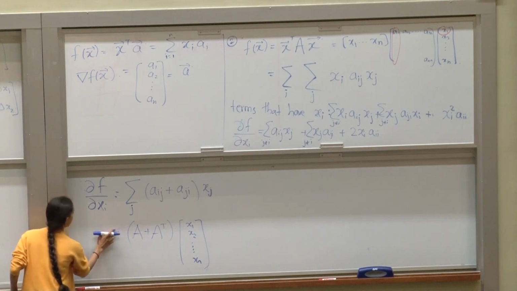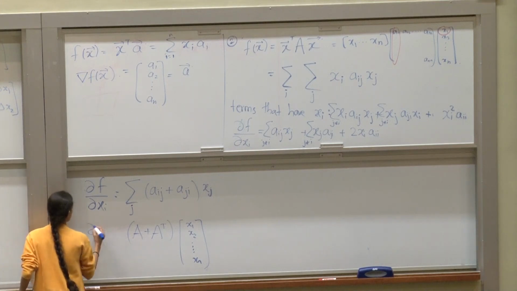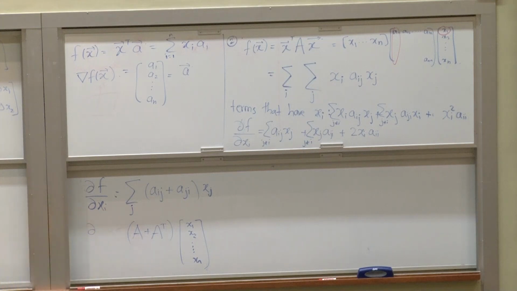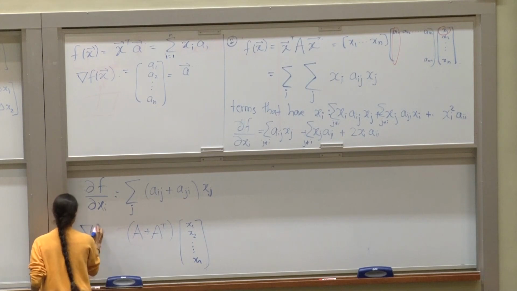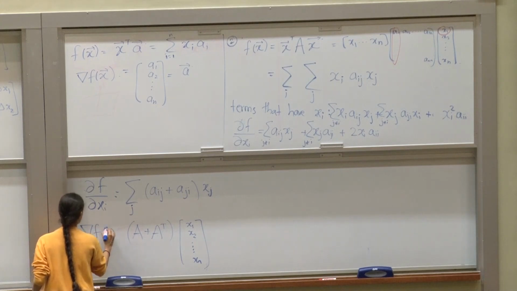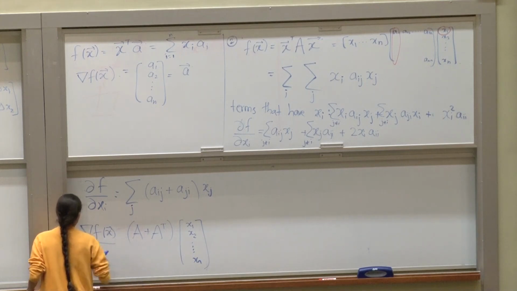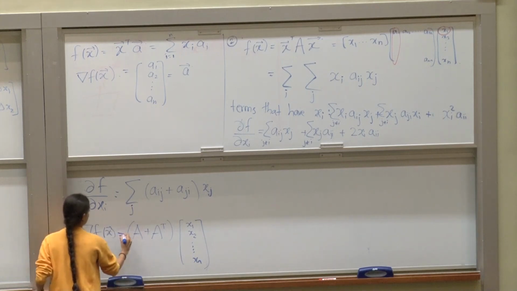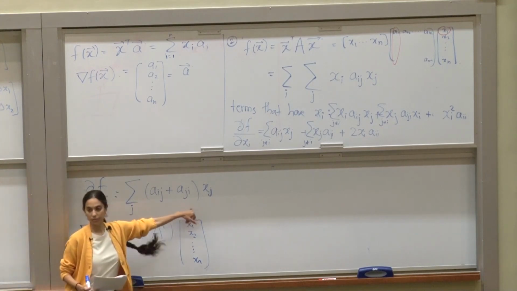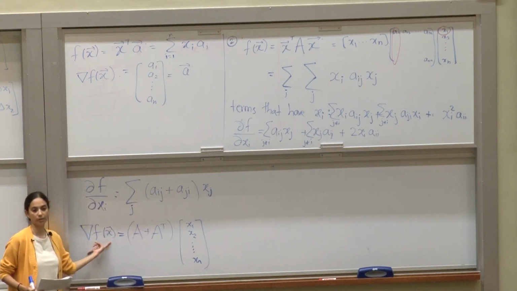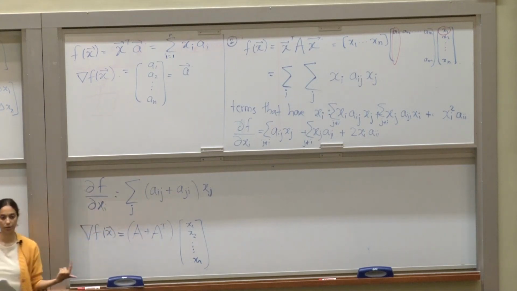And so this gives me the gradient that I want to write of f of x equal to this. This is for every entry, so I can generalize it to the entire thing. I'm stacking them all into a vector.